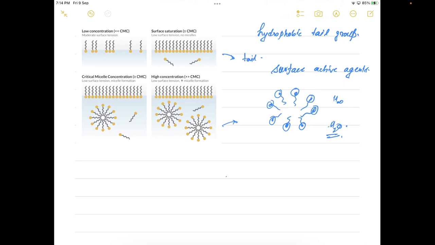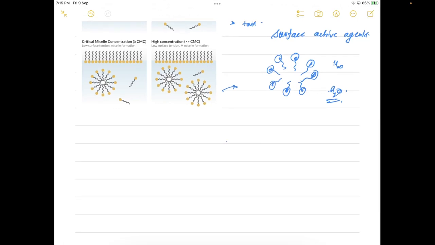So what is happening: first we add a little surfactant, and the molecules deposit on the surface of our system. Then if we keep on adding, the surfactant molecules completely cover the surface. After that, at a particular concentration, the surfactant molecules start to form micelle type structures. Now let's deal with the molar conductivity. What will happen to the molar conductivity if we change the concentration of the surfactant?